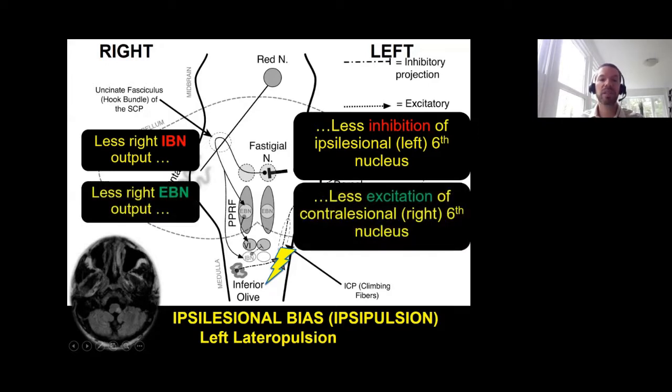And simultaneously, if you have less right EBN output, you're going to have less excitation of the contralesional right 6 nucleus. The combination of those 2 things is going to drive the eyes to the left side, toward the side of the lesion, hence the term ipsipulsion, because we're going toward the side of the lesion.